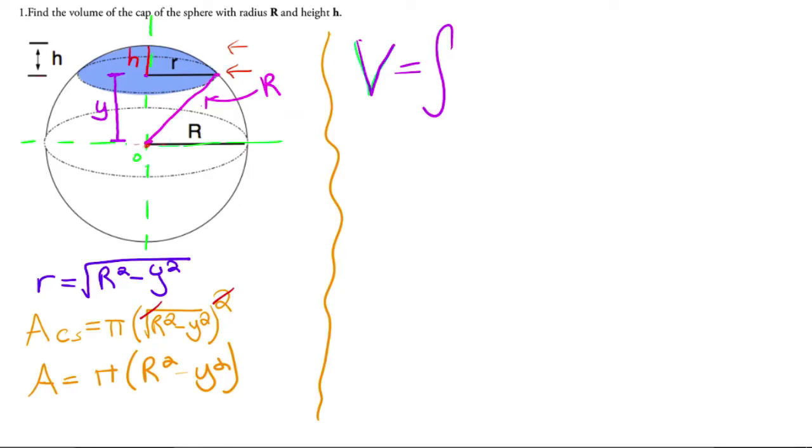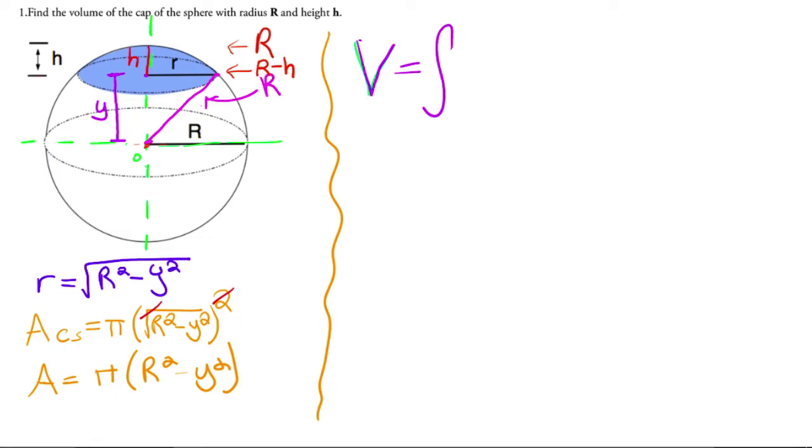Because I put my axis down here, my integral is going to have to go from this point right here, the bottom of the sphere, which is capital R minus h, and it's going to go all the way up to R.